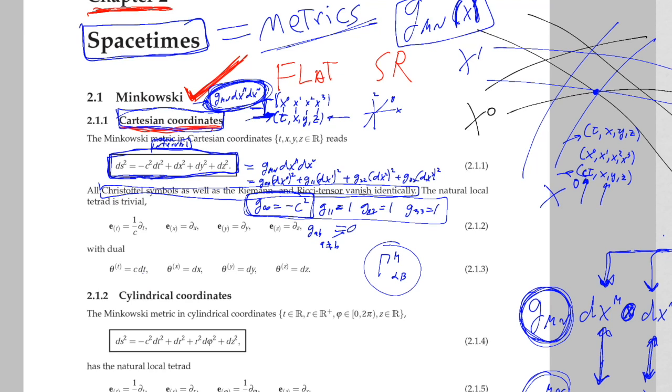And they will always vanish because if you go back to the equation we used to calculate them, the partial squared of epsilon dx beta, dx alpha dx gamma. Remember there was this term, there were two factors, right? And this was one of the factors. Well, that's the second derivative of a constant.